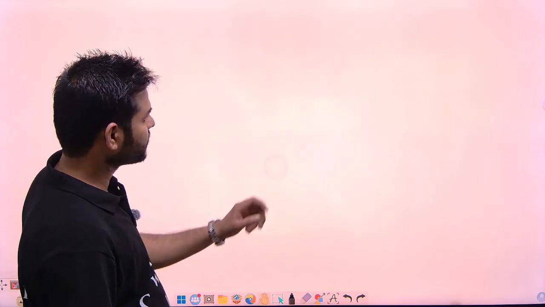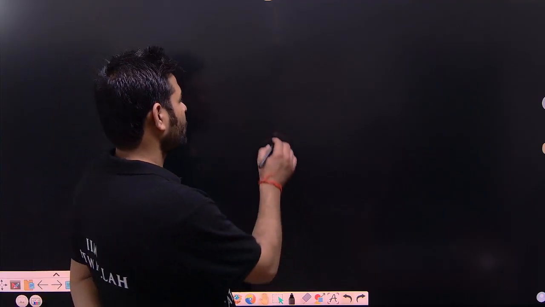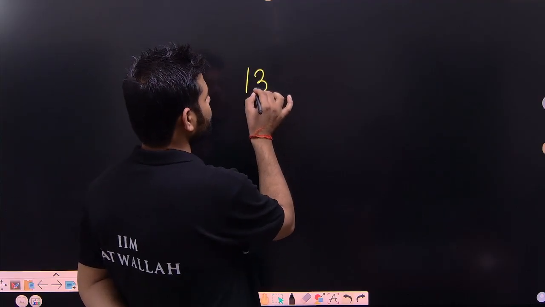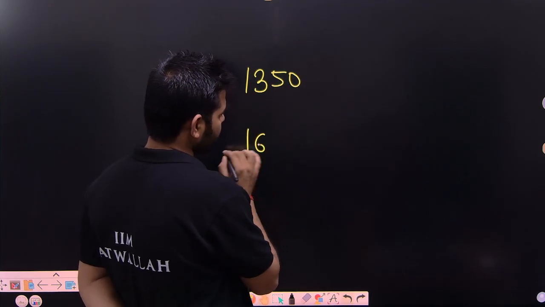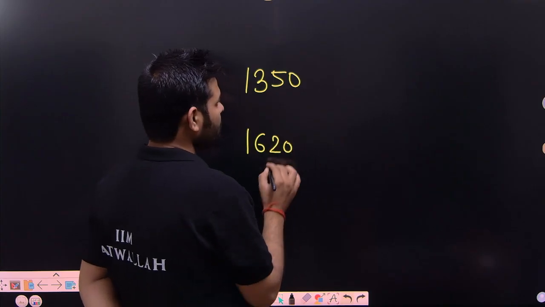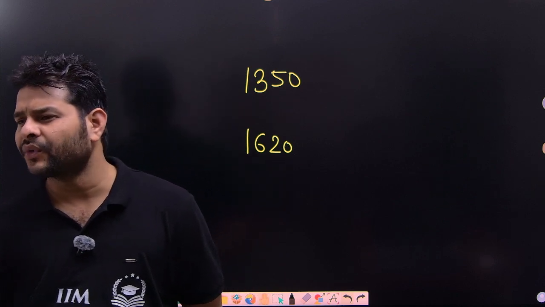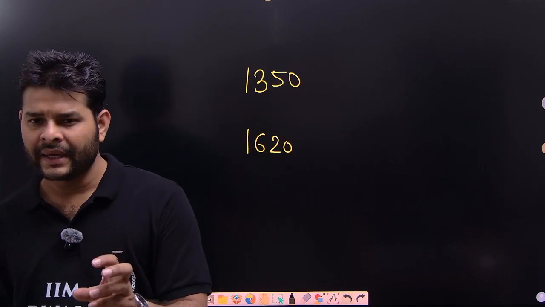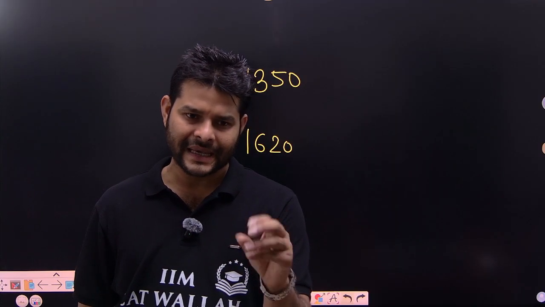What would be the short trick? We have been given 1350 and the second amount is 1620. So basically 1350 is what? Principal as well as addition of 5-year SI.